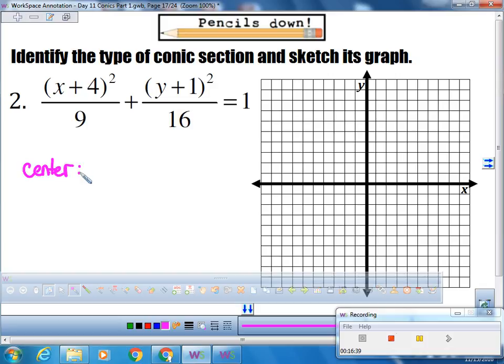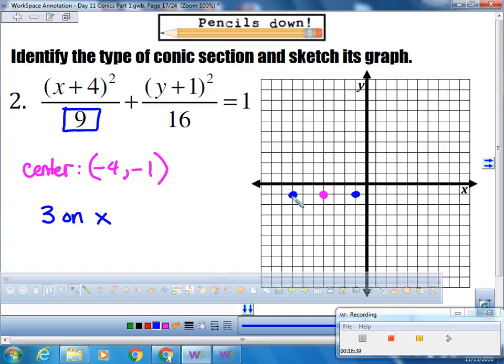Okay, so my center is at -4, -1. So I'm going to be at -4, 1, 2, 3, 4, -1. On my x-axis, I'm going to go out 3, right? Because 3 squared is 9. So I'm going to go out 1, 2, 3, 1, 2, 3.